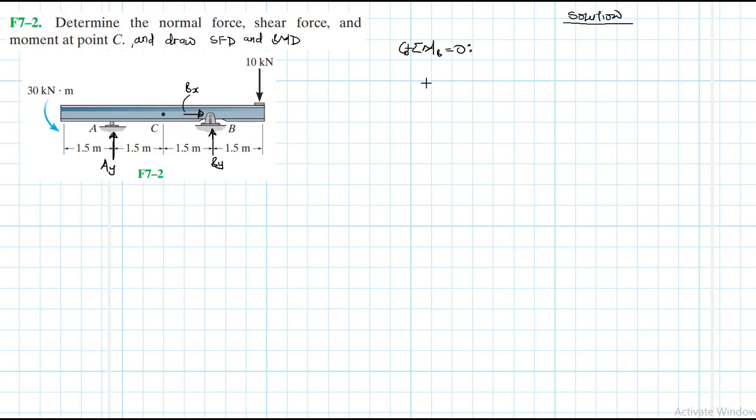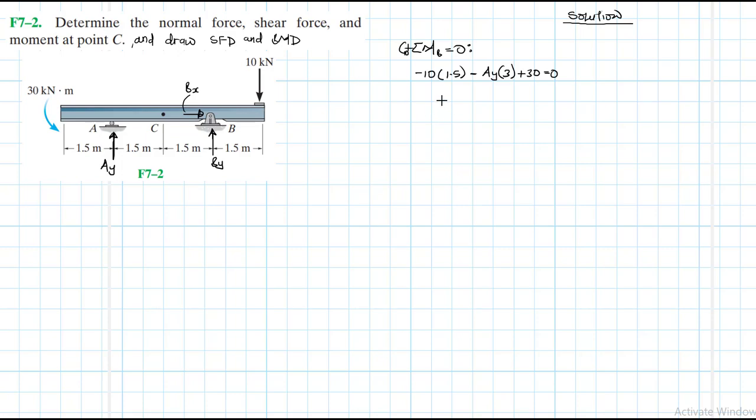About point B, we expect a negative moment from the 10 kilonewton at lever arm 0.5, and then we expect another clockwise AY by 3, and then we have a plus 30, this couple, and it's equal to 0.